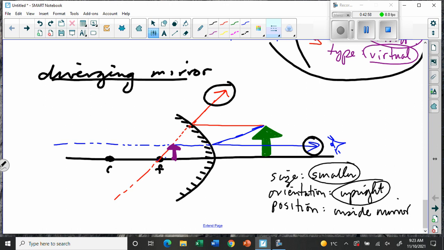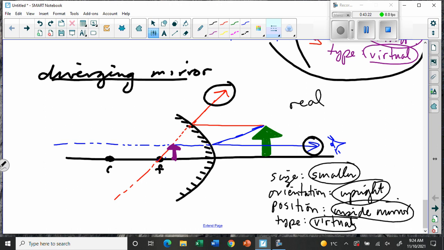And this time the type is also, remember, where is it? Is it in mirror land, or is it in the real world? Well, the real world is on this side of the mirror. Mirror land is on the other side. This is a virtual image, because it was not formed by the crossing of any real light rays. It was formed by imagining where the light rays came from. So it's a virtual image.